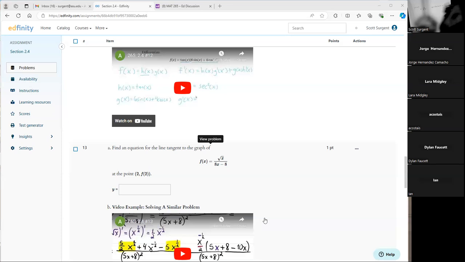This just gets messy. Check this out. When you put in 2 for x, you get radical 2. And on the bottom, you get 16 minus 8, which is 8. And one of the suggestions I put into the Ed discussions was don't even mess around with the radicals. I'm going to immediately turn that into a decimal.